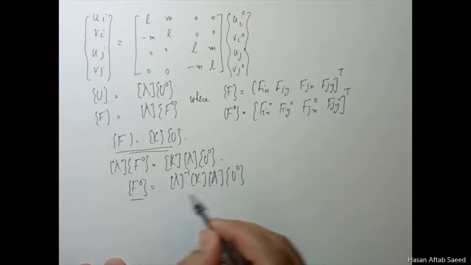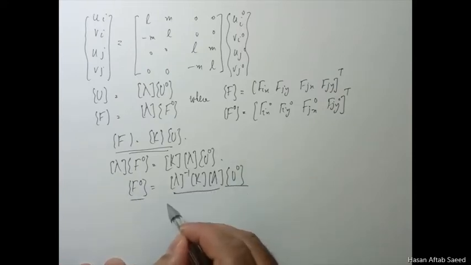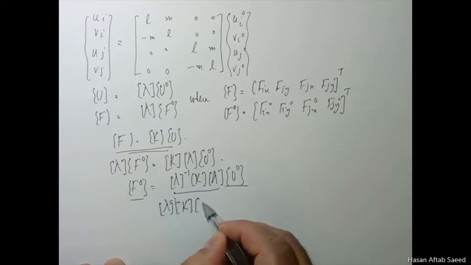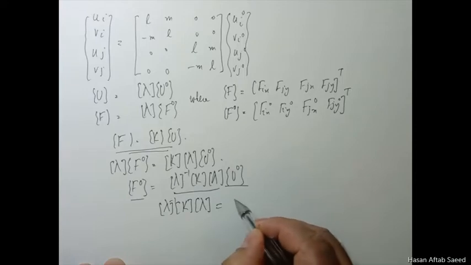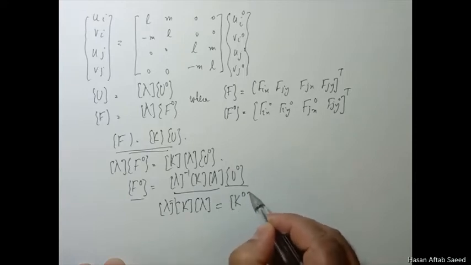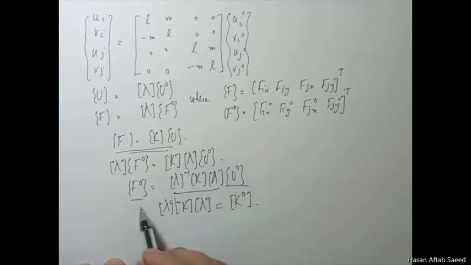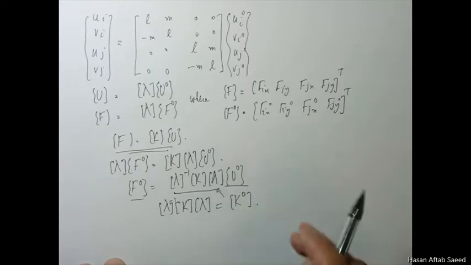So this means that this quantity is nothing but the K in the global system, because F is equal to KU. In this case, this is K naught.